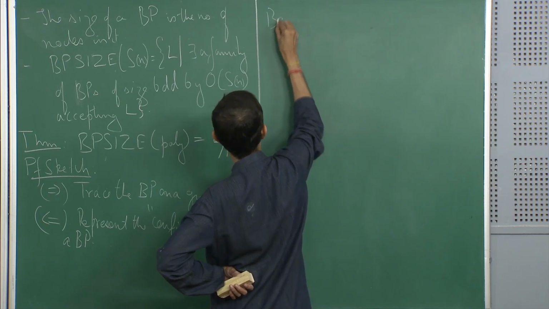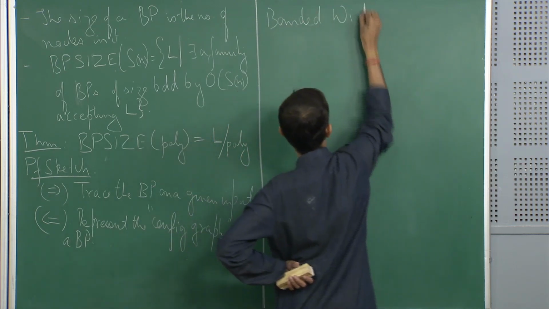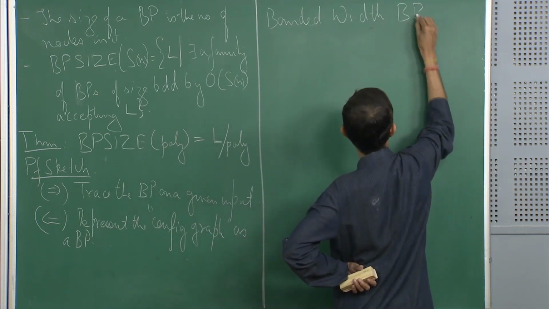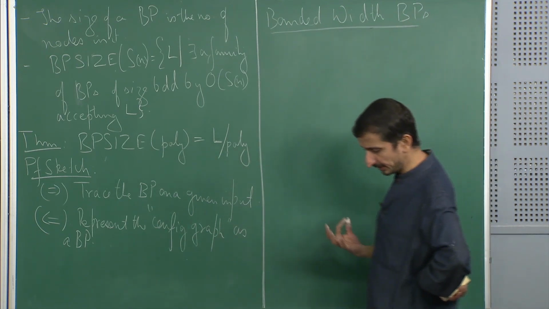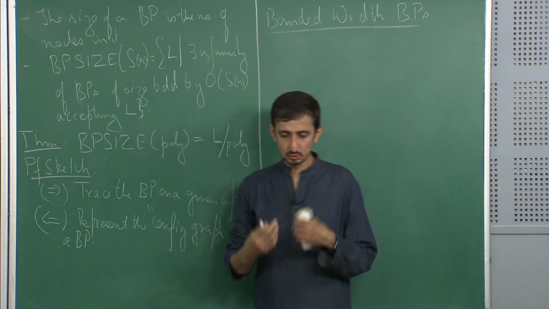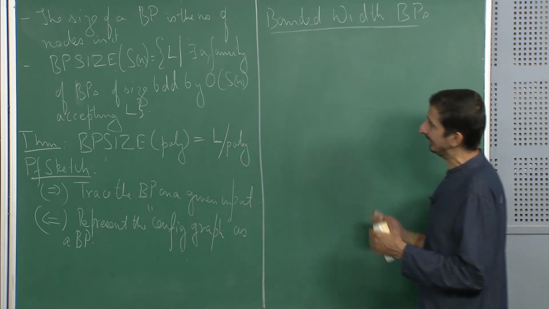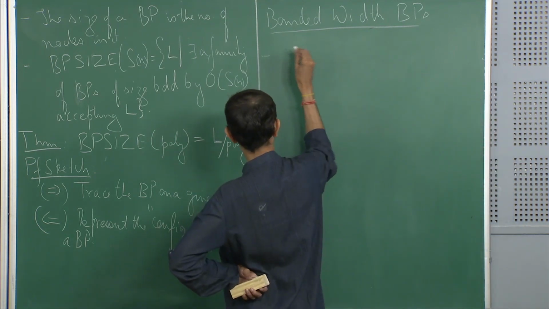For bounded width branching programs, how do we define them? We define a layered DAG. So from a DAG we define what is called a layered DAG.